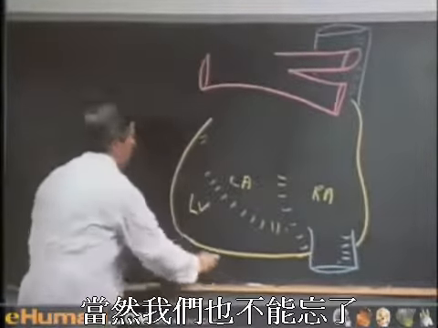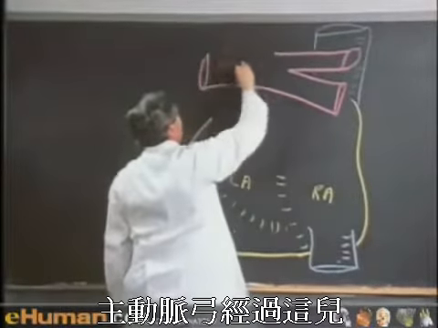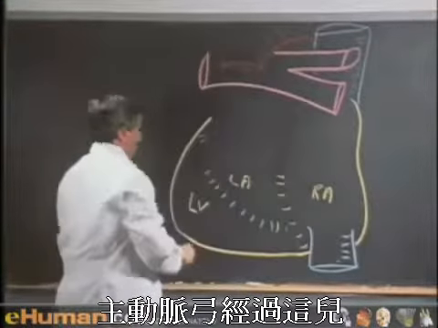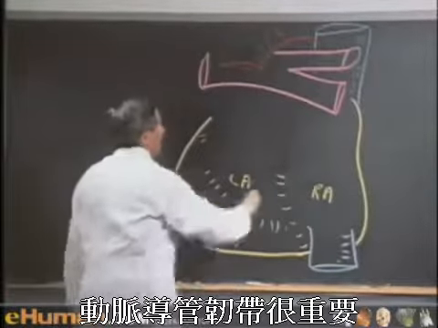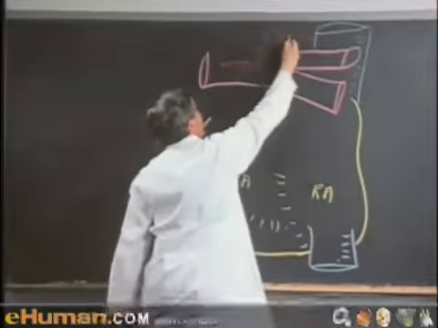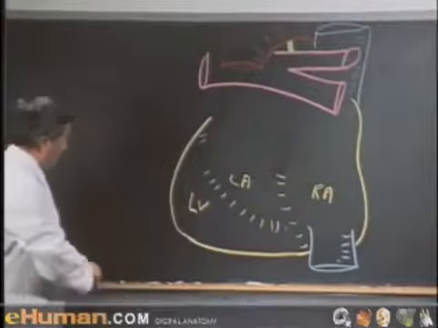And then, of course, we mustn't forget the arch of the aorta coming over here, and we can put in the important ligamentum arteriosum going up from the pulmonary trunk to the undersurface of the arch of the aorta.